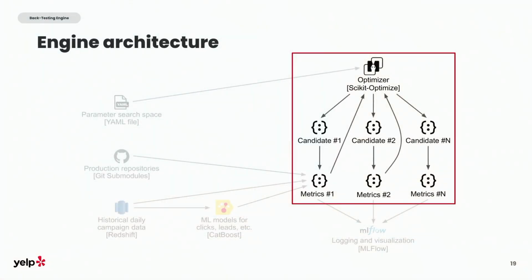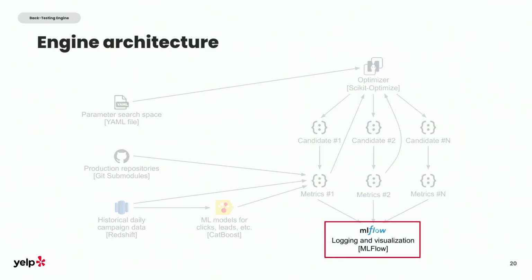So we get 25 candidates and 25 sets of metrics. The optimizer is agnostic, so it doesn't know what happens inside, because it would be very complicated. But just given the input, it tries to minimize our metric. And so hopefully each candidate is, at least in expectation, better than the previous one.